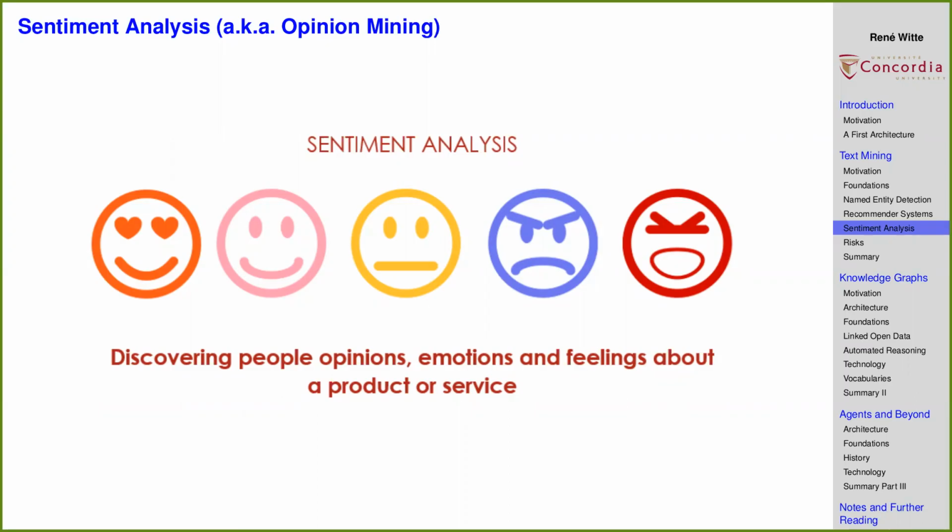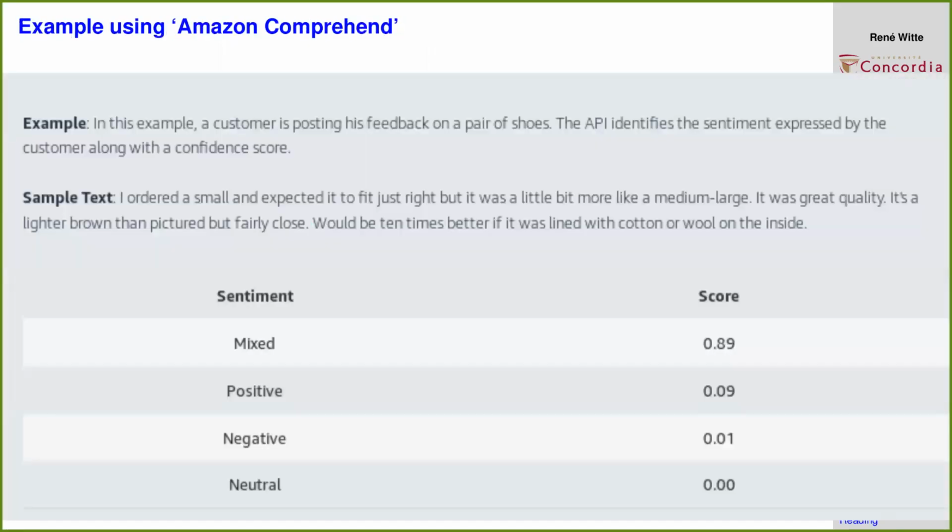So for a task like this, you could implement it yourself, but there are various online APIs that you can use. For example, there is one as part of the Amazon Comprehend API. And the simplest version is that it just analyzes the sentiment of the person. So for example, here, a person posted a review about a pair of shoes.